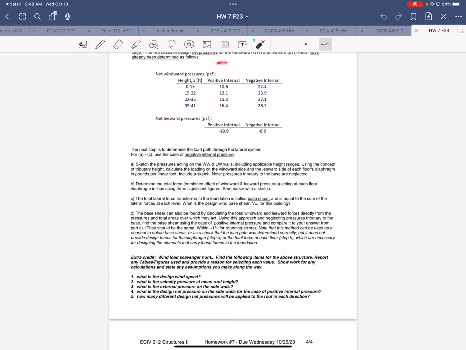So these are net pressures, but for the case of positive internal pressure and for the case of negative internal pressure. So you can use that, if you understand what's going on there, as a shortcut to figuring out some of these things, right? And then other things you'll have to pull from tables, or there will be some calculations involved. But anyway, opportunity for extra credit in this assignment.